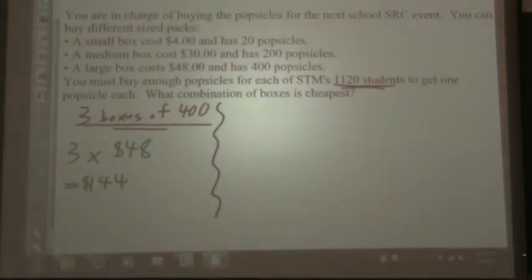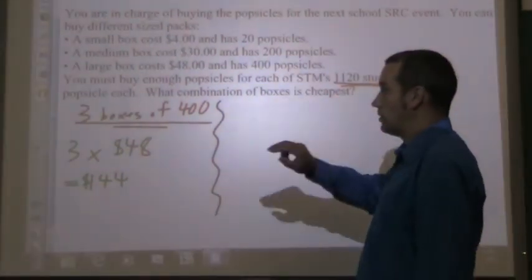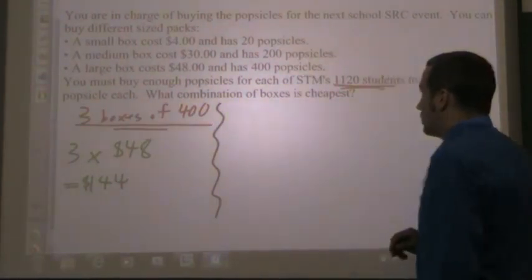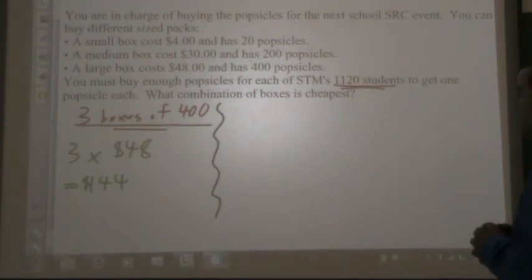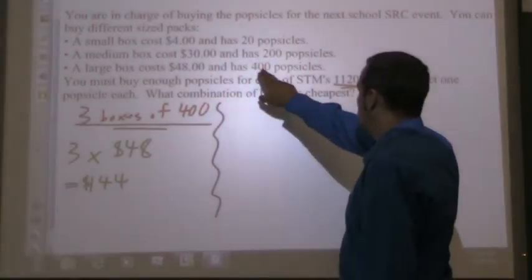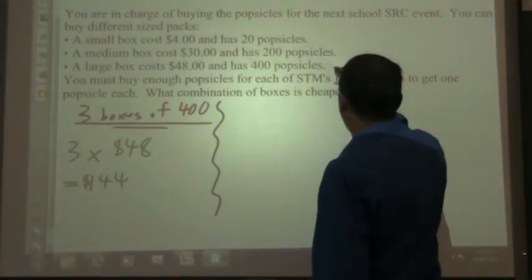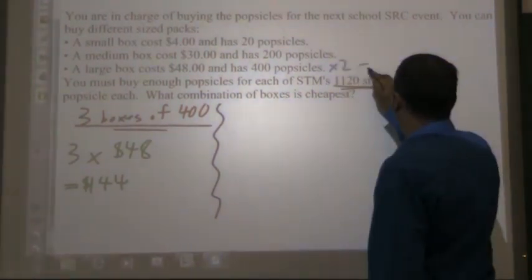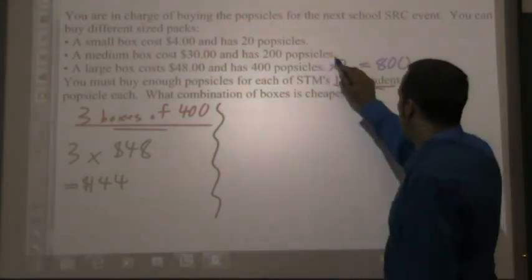So we don't even have to work out the math for that scenario. I know that it's going to be more expensive than doing this. So the only other viable scenario would be do 2 of these, so that it will give you 800. Okay, so we'll do 2 of these. That will give me a total of 800 popsicles.